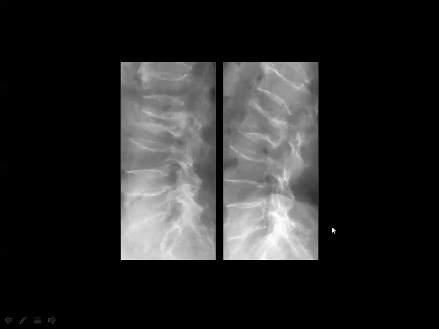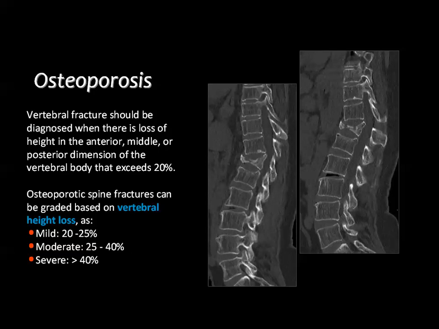If you say evident loss of height of the vertebra, then you should say that you are dealing with an osteoporotic fracture. And the vertebral fracture should be diagnosed when there is loss of height in the anterior, middle, and posterior parts of the vertebral body, which is more than 20% of the vertebral height, and there is grading.